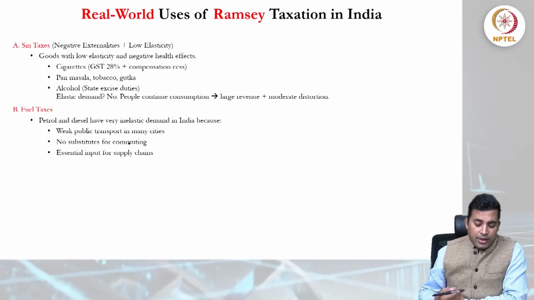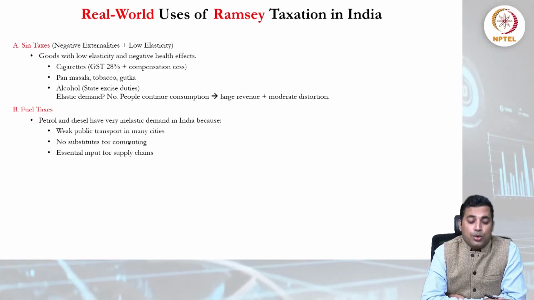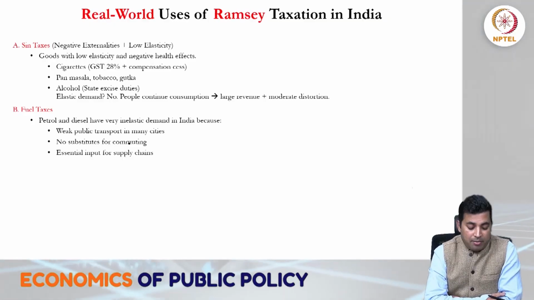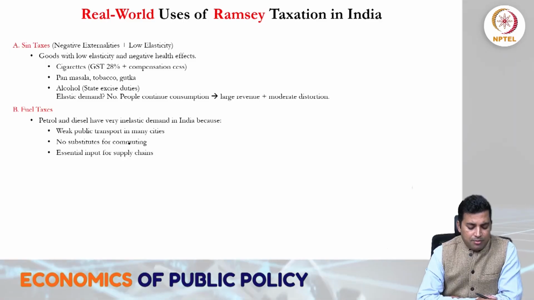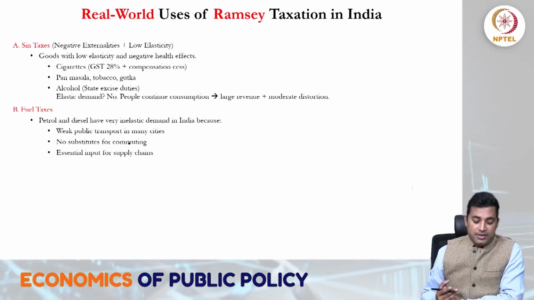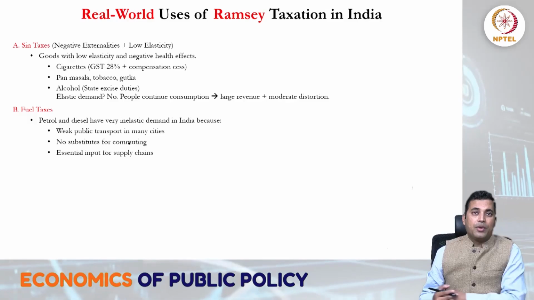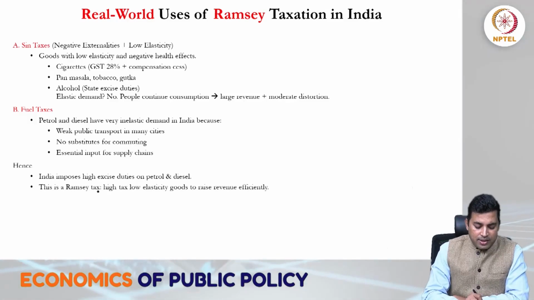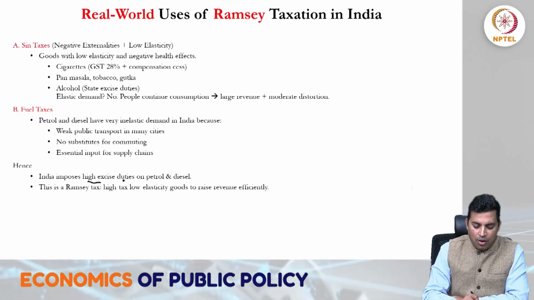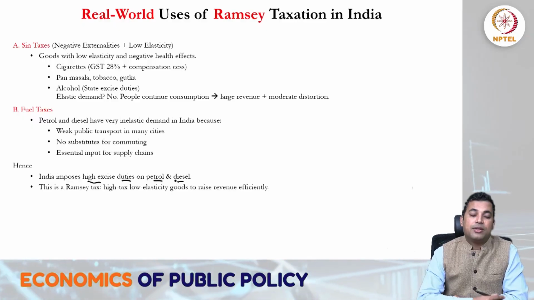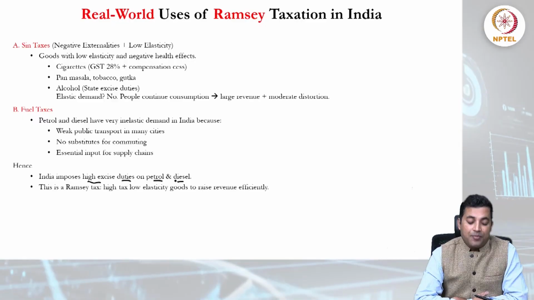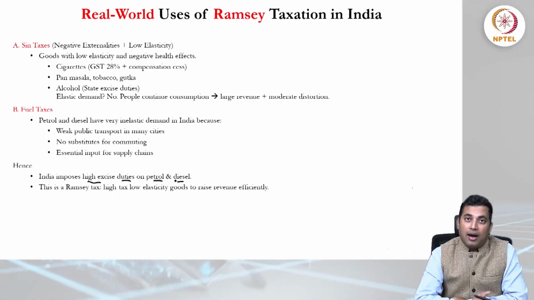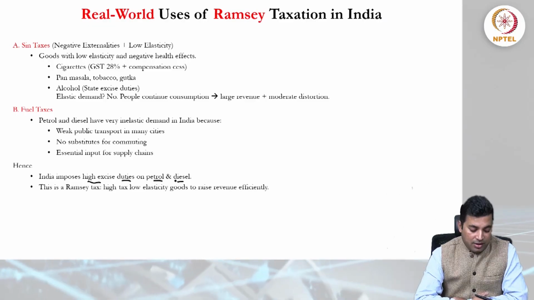This is true in many cities. There is no close substitute for commuting, and therefore people need to buy private vehicles, and fuel is an essential input for the supply chain. So there we have to have higher taxes, and India imposes high excise duties on petrol and diesel. This is one of the reasons why taxes on petrol and diesel are high, because they are inelastic goods.